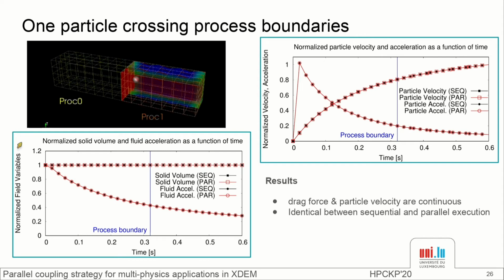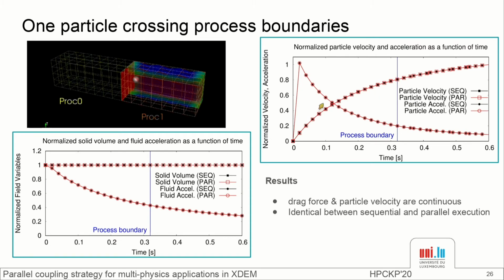The graph on the left corresponds to the CFD side, and we check the solid volume fraction within the CFD and the fluid acceleration, how they evolve over time, and in particular when the particle crosses the process boundary. On the right, we have the particle velocity and the particle acceleration for the DEM part.